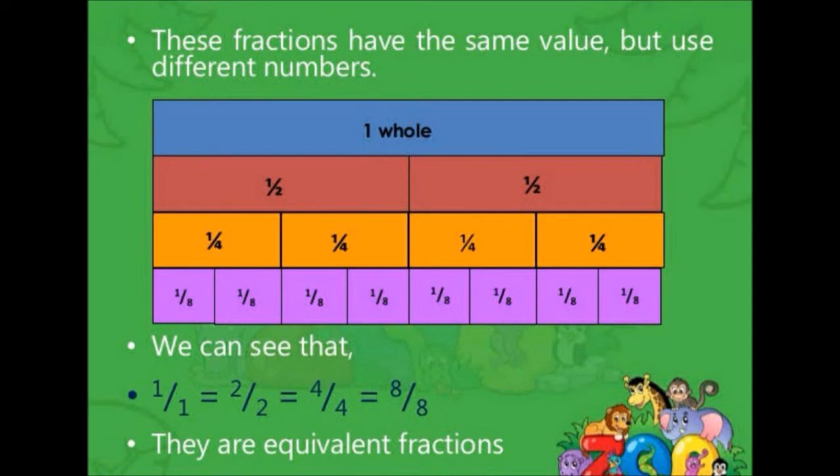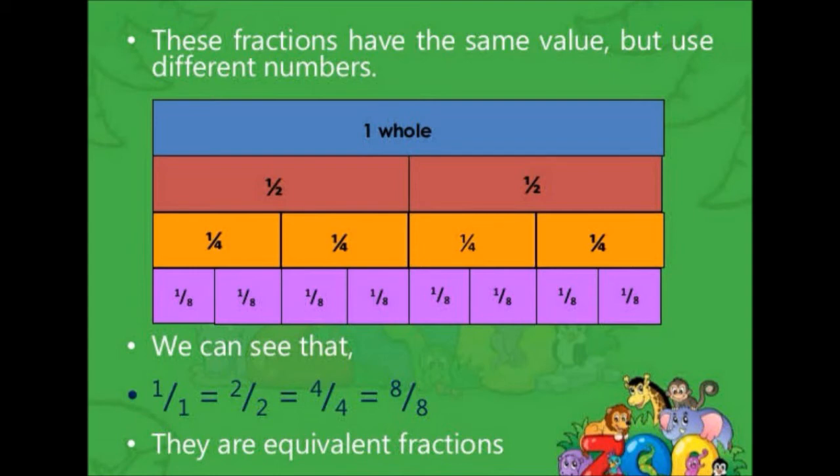Next, the whole part has been divided into 2 parts, so that can be written as 1 by 2 and 1 by 2. Next, each 1 by 2 has been subdivided into 2 parts, that is 1 by 4 and 1 by 4. This side also 1 by 4 and 1 by 4.